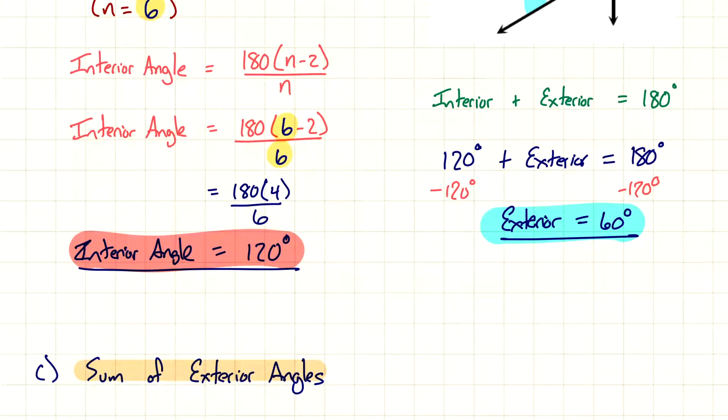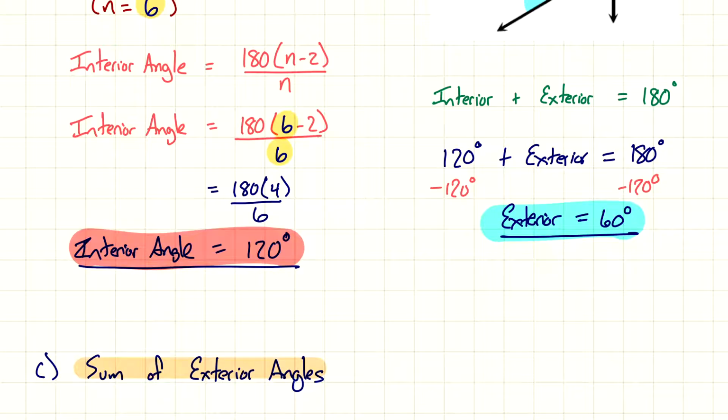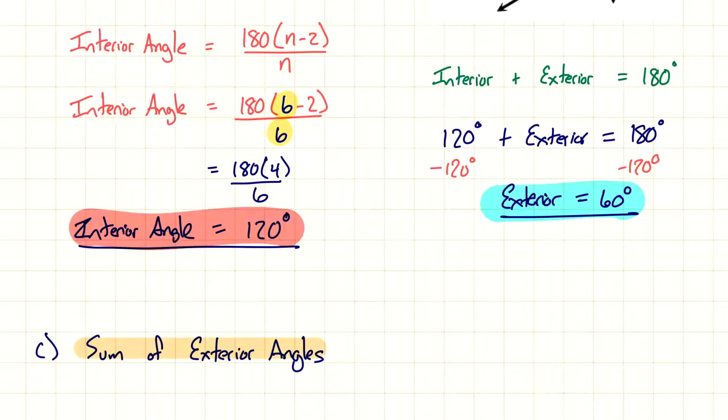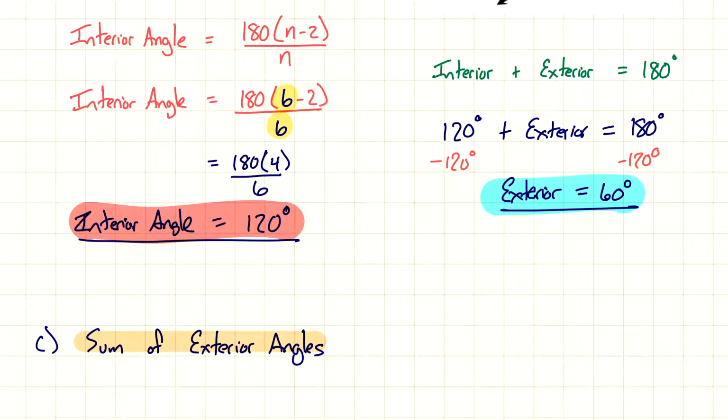All right, so the second or last part to this, almost done, is what if I want to know what all the exterior angles add up to? So we've already talked about adding up all the interior angles, but what happens if we add up all the exterior angles?